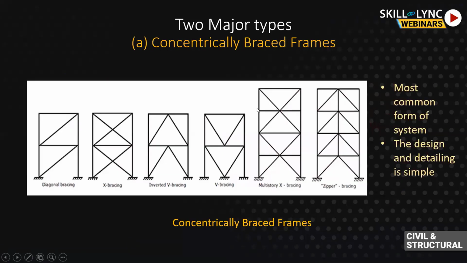Every member is meeting at the common point. There is no offset between the points of meeting of two members. So those are known as concentrically braced frames, which are the most common form of the system. The design and detailing is very simple compared to the other type, the eccentrically braced system. Concentrically braced frames are easy to design and detail.